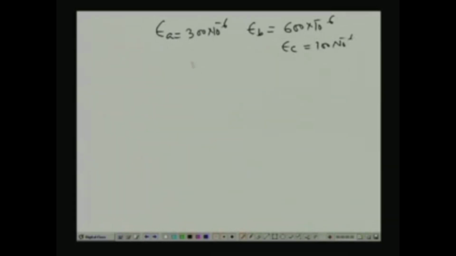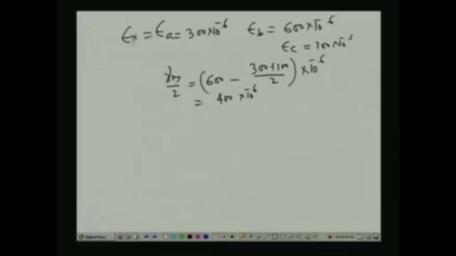Now, gamma xy by 2 thereby is equal to 600 minus 300 plus 100 by 2 into 10 to the power minus 6, which is 400 into 10 to the power minus 6. Now, if we plot these in a Mohr's circle, epsilon A is epsilon x and epsilon C is epsilon y.